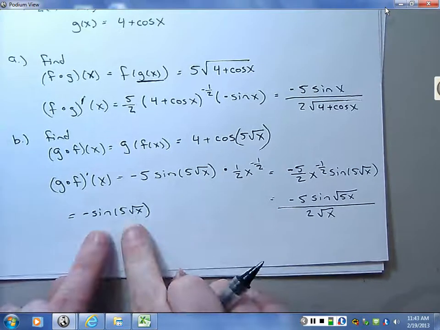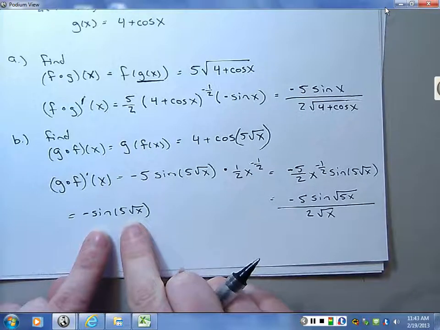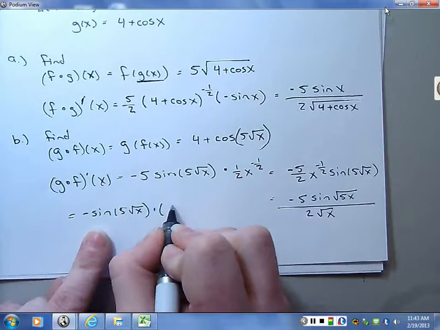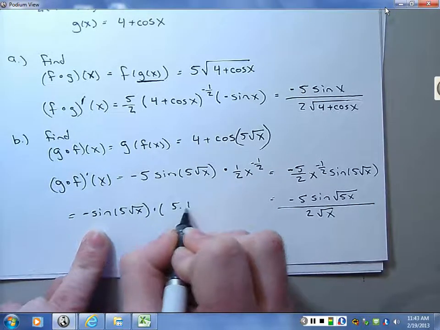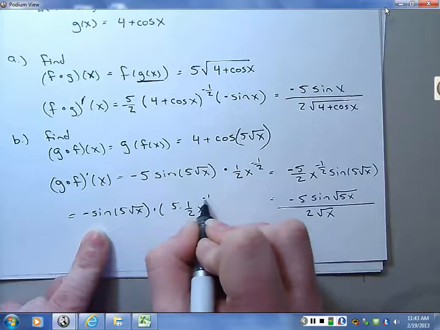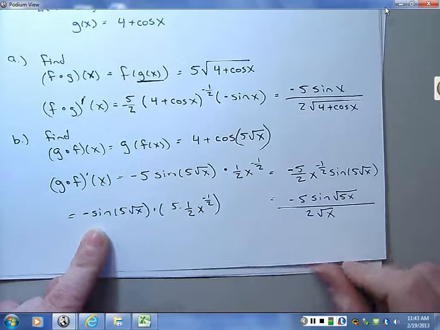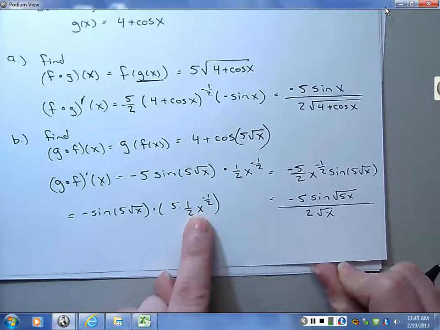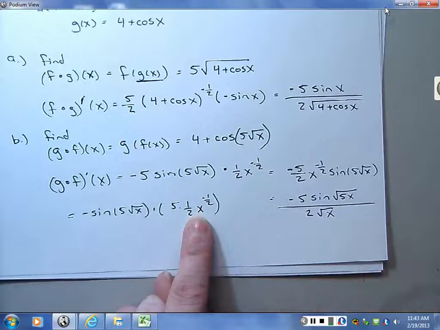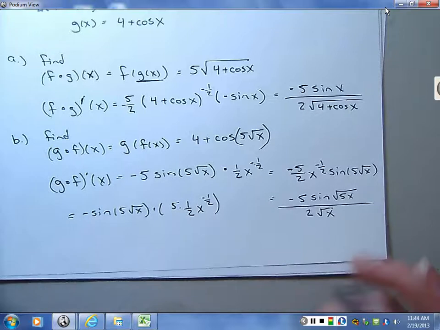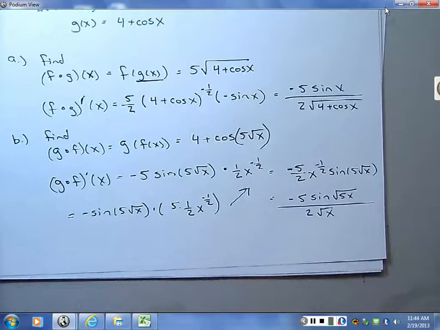Does everyone see where that comes from? Derivative of the outside evaluated at the inside times the derivative of the inside, which would be 5 times 1/2 x to the minus 1/2. And the derivative of the inside function here would just be 1, because the derivative of x is 1. You guys see that?